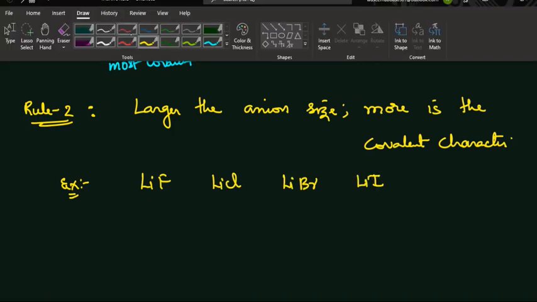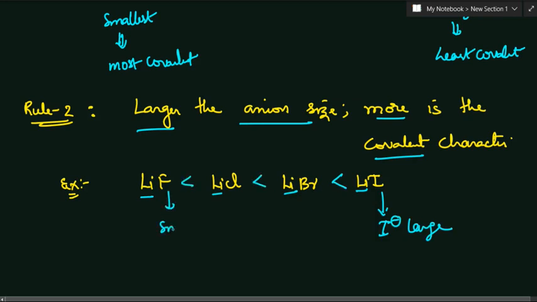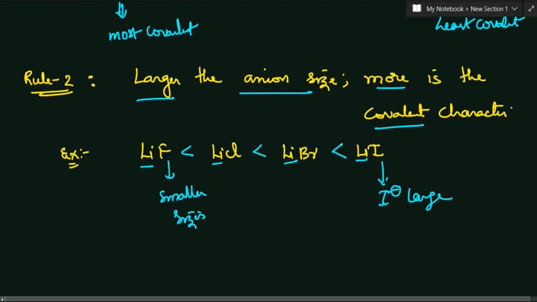Now in these, lithium is common, so therefore the covalent character depends upon the anion. So larger the anion, more is the covalent. So I minus being large in size, therefore this is more covalent, and fluorine F minus being smaller in size, it is less covalent in nature. So this is the rule number two.